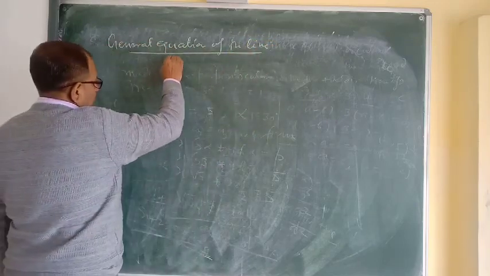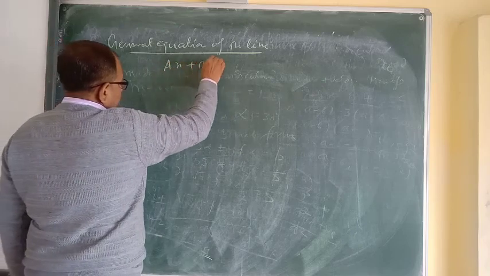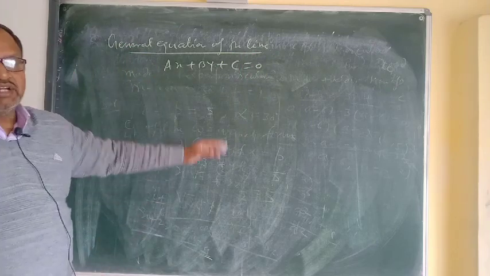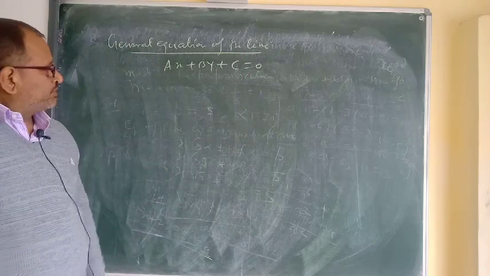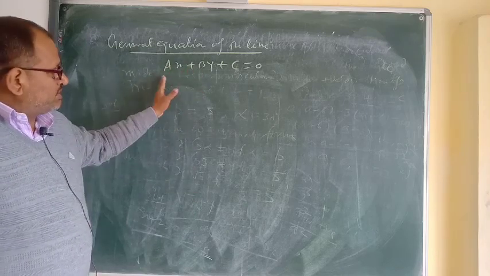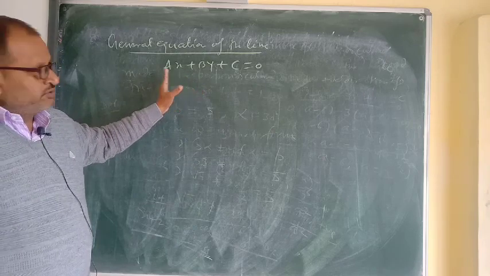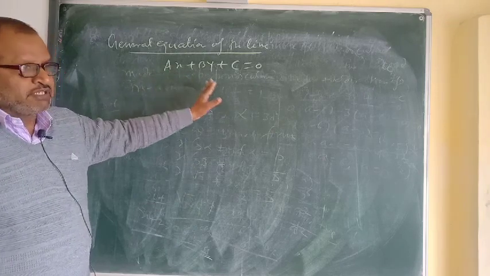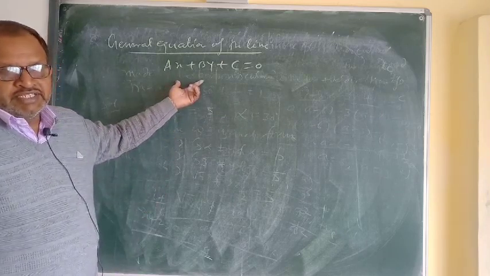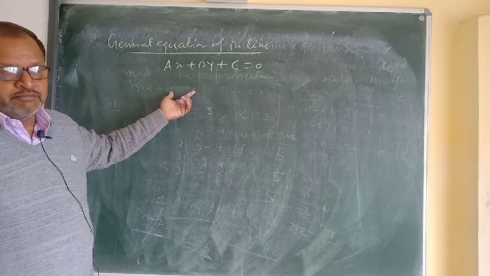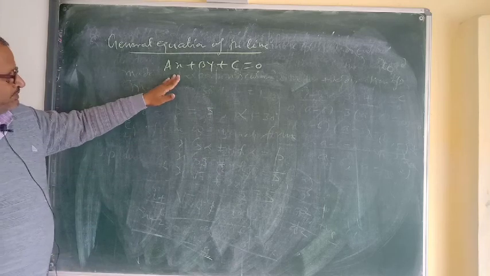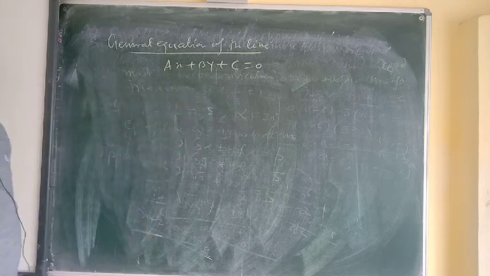General equation of the line is ax plus by plus c is equal to 0, a first degree equation in two variables x and y, where either coefficient of x or y is not equal to 0, is called the general equation of the line. We can reduce this equation in the various forms of the line, meaning slope intercept form, or normal form. So how we can express it in the slope and intercept form?